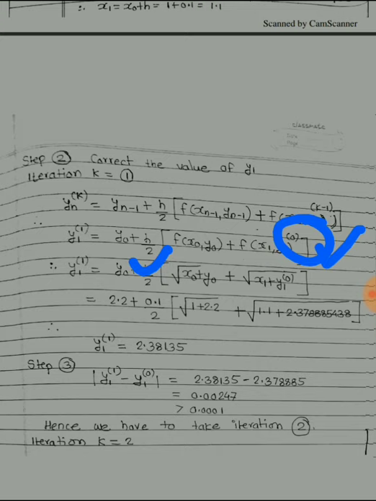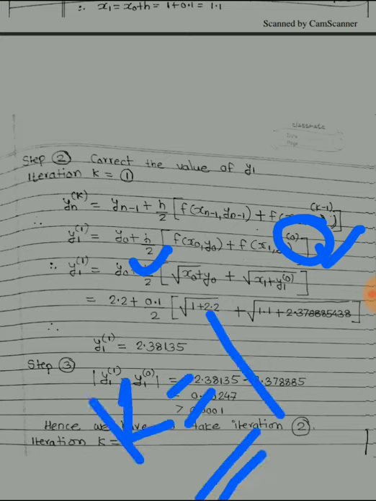K minus 1 means 0, since k is equal to 1 here. I hope you understood how this formula is written.